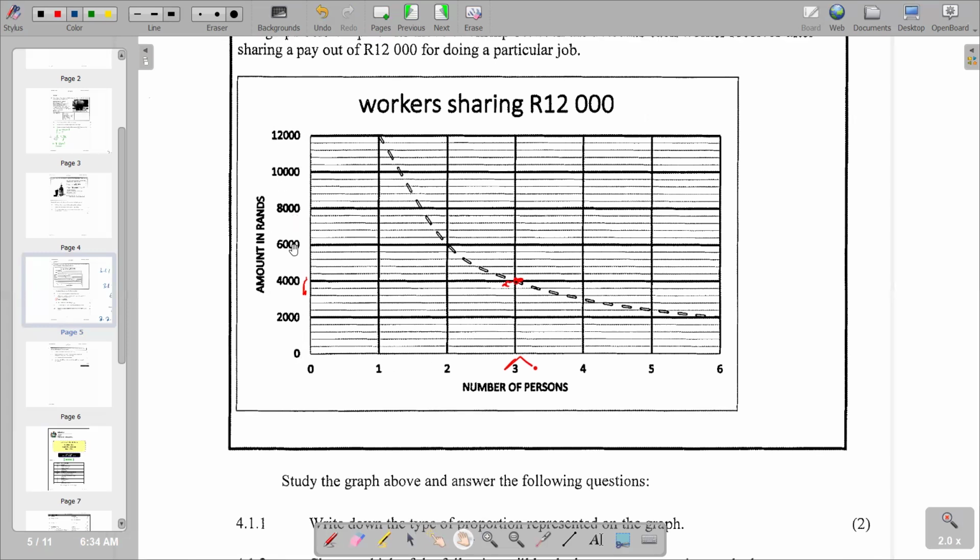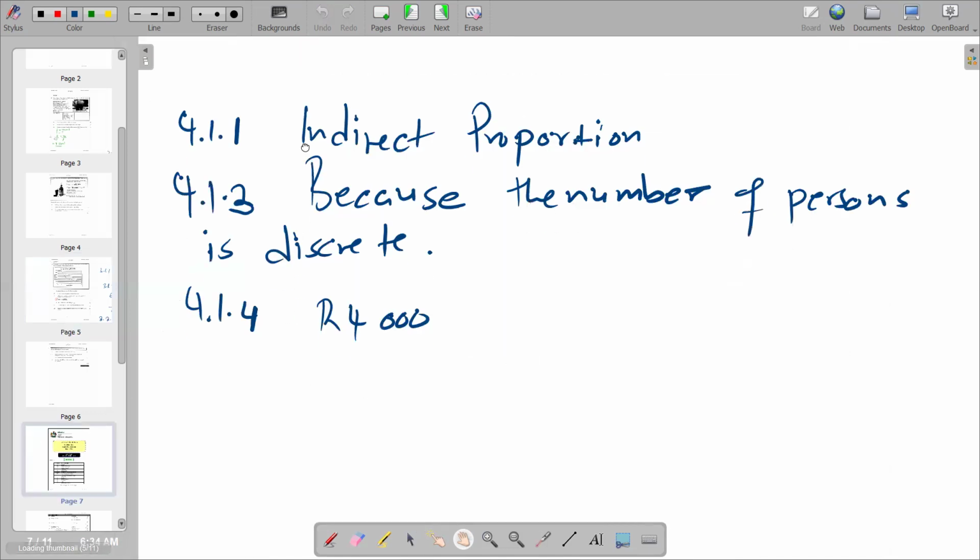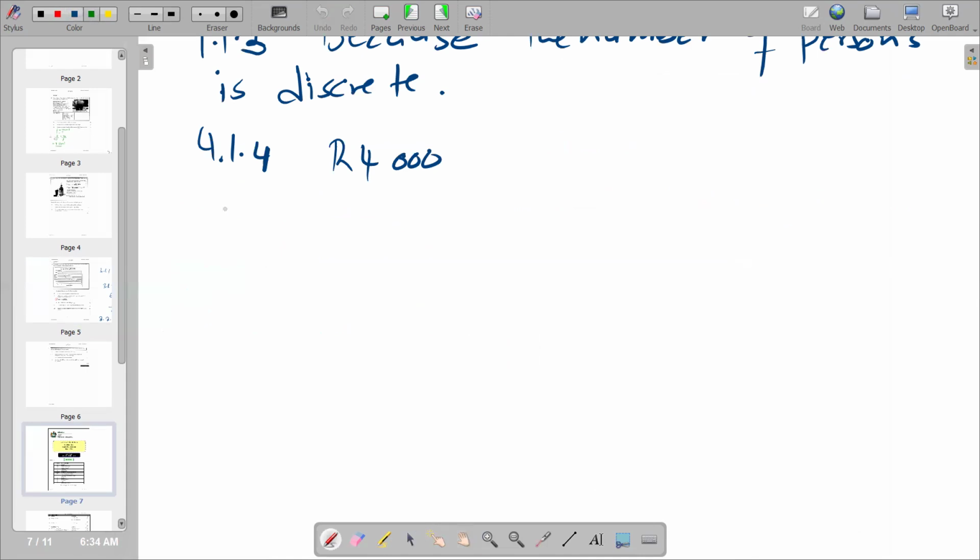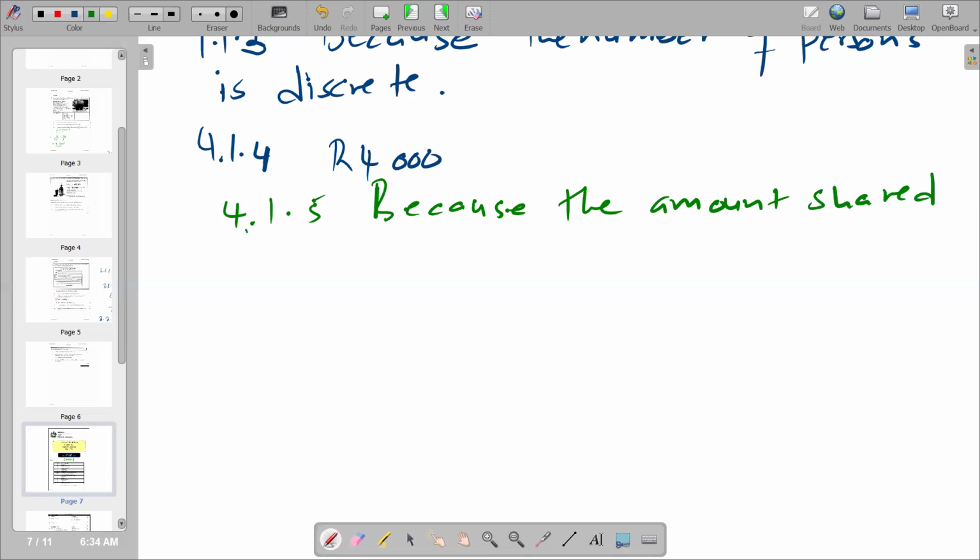Remember, we put the amount in rands on the vertical axis, so if this curve touched the horizontal axis, our amount would be 0, which is not possible. That's why we have a curve. So we put it down as 4.1.5: it's because the amount shared by workers cannot be equal to 0.